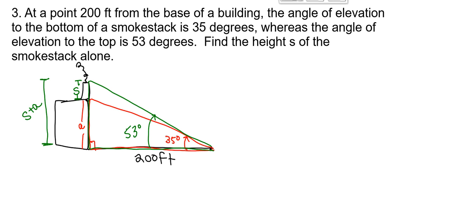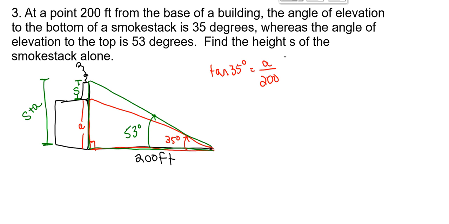And then since I color coded these, I'm going to look at the red triangle and I'm going to say this is the opposite and adjacent sides that I know something about. I know nothing about hypotenuses, so I'm not going to use those. But I know for the red triangle that the tangent of 35 degrees is equal to A over 200. So that's something that I know.